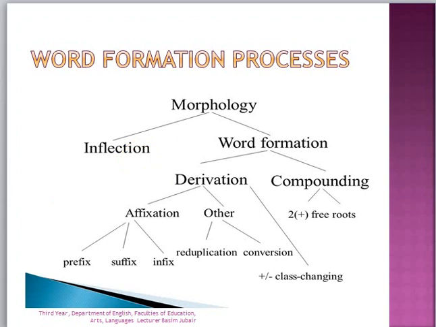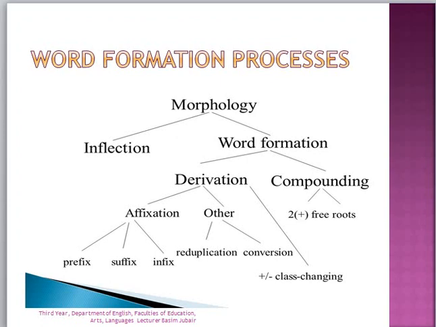Now, when dealing with word formation, how words are formed, of course there are certain processes, and according to these processes, words are produced. Now, what type of processes can we get words through?